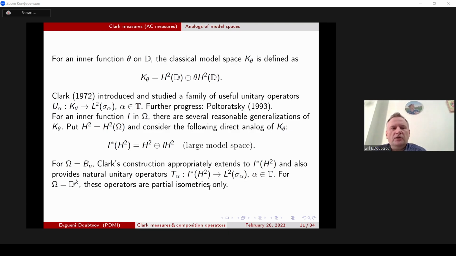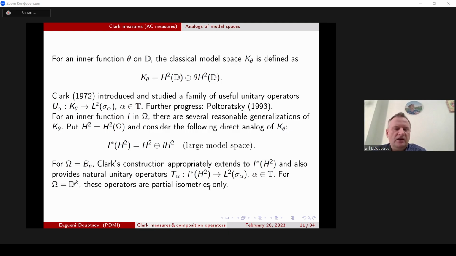So the main point for Clark was to consider a certain, say, useful unitary operators, but they are not just useful, but well, it's true. In applications, it's possible to deduce new results with the help of these operators.